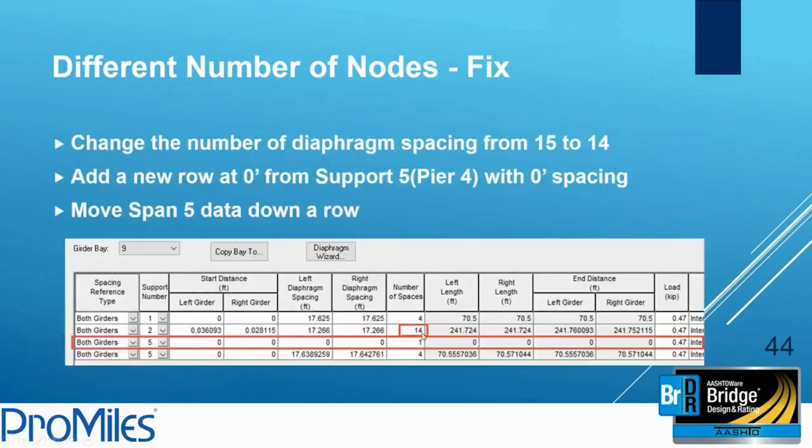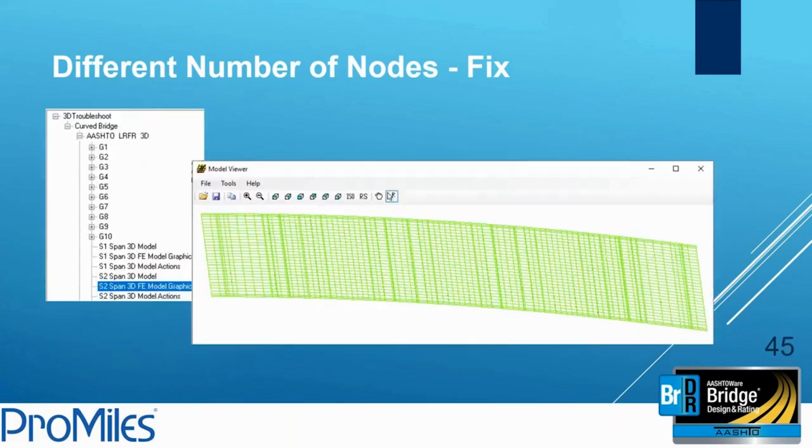We will reduce that to 14, and then add another row in this grid at the support, and add the last diaphragm at the support. This will ensure that the extra point we had right beside the support will be at the support location, and this will fix our model.